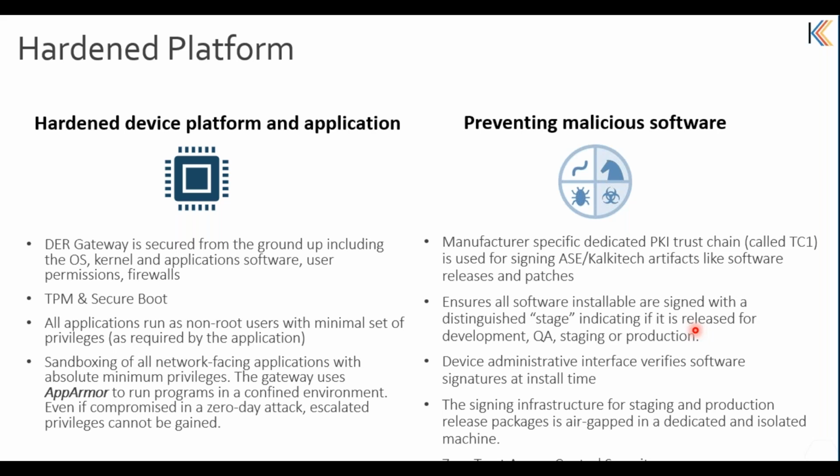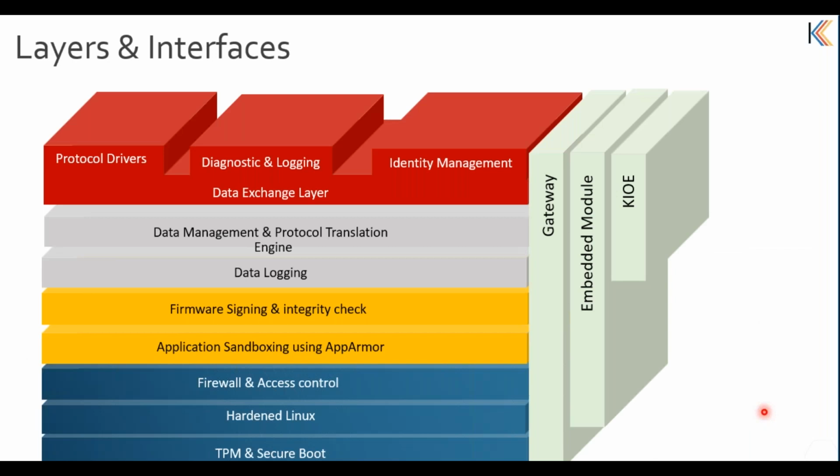Each signing can be done with stages, like a firmware released to the customer can be tagged as staging, QA or production signed, so that a firmware tagged for developer testing or QA testing will not go into the production devices. We also have zero trust access control security built in. We'll look into the zero trust access control security in detail in the coming slides.